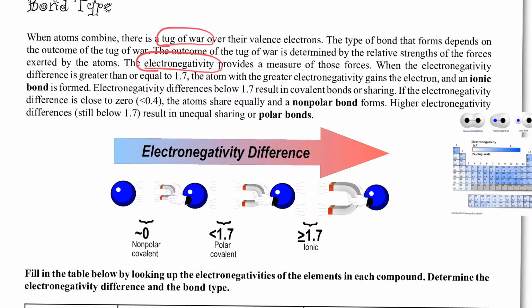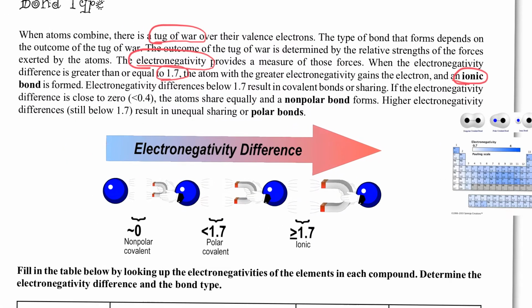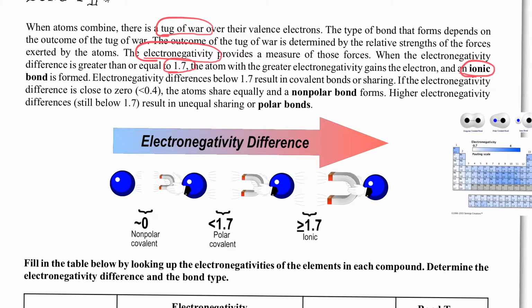And it's that electronegativity which will tell us if it's greater than or equal to 1.7, that's ionic. If the value is close to 0, then we have something that is going to be nonpolar because they are sharing equally. There's almost no difference between their electronegativity poles. A higher value for electronegativity difference is going to give us polar bonds.